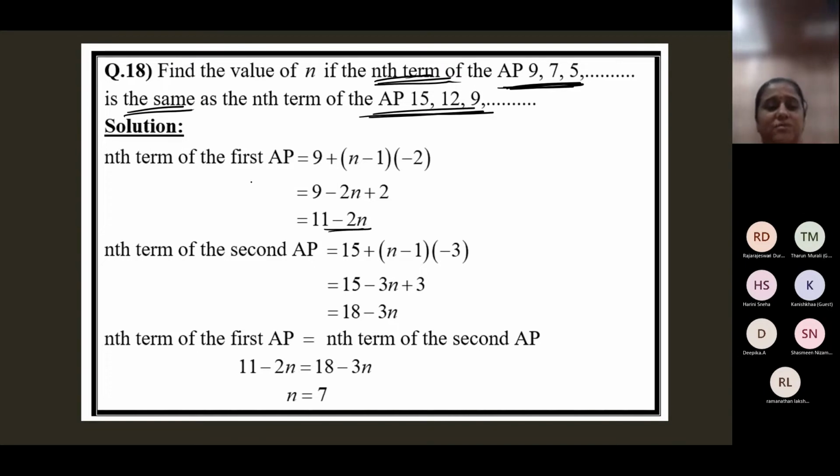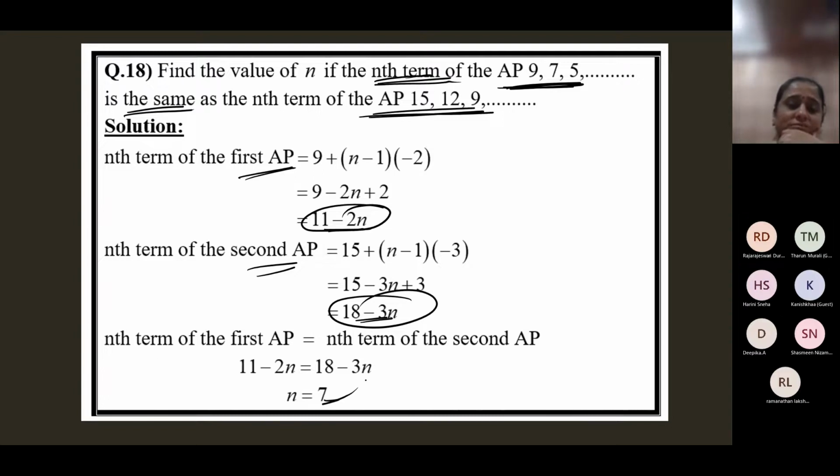So this is the nth term of the first AP, this is the nth term of the second AP, and they're equal. When you solve that, you get n is equal to 7. So the value of n is 7.